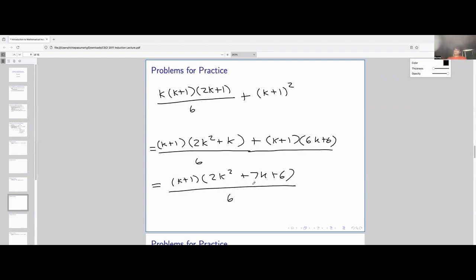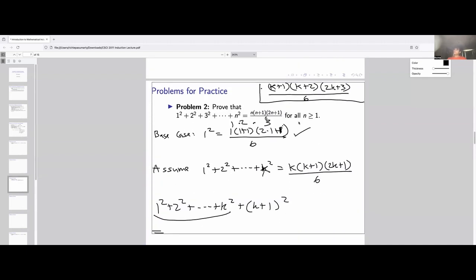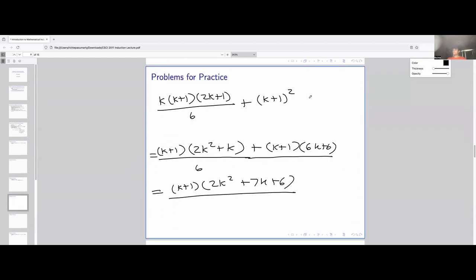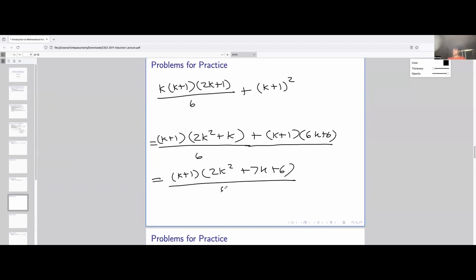Okay, and this form is not exactly like this final form, but I think we're close. Like this k+1 matches, the 6 matches, these don't match. So I think I can just factor it at this point, which I can. So this is equal to (k+1) times, I think, (k+2) times (2k+3) over 6.